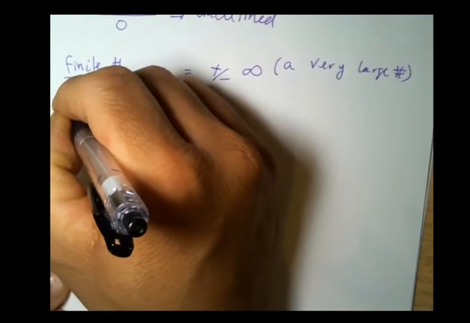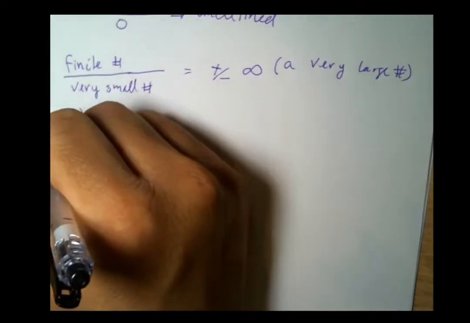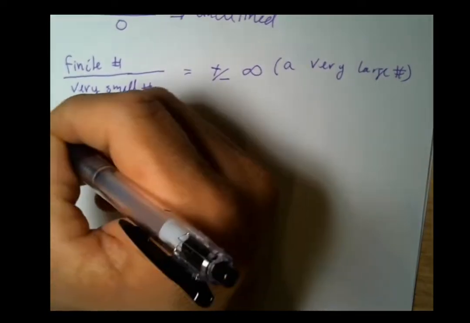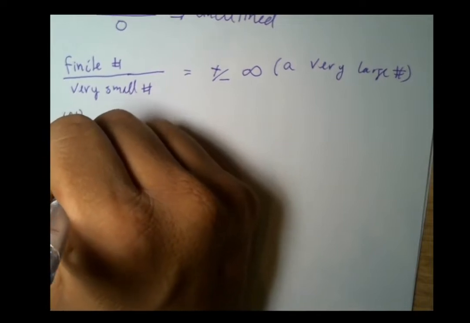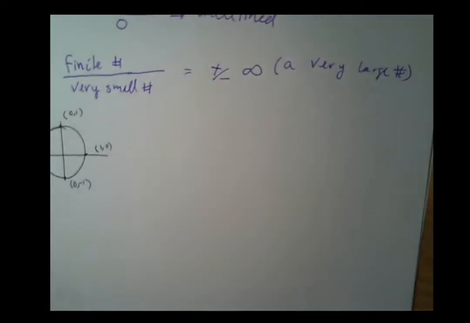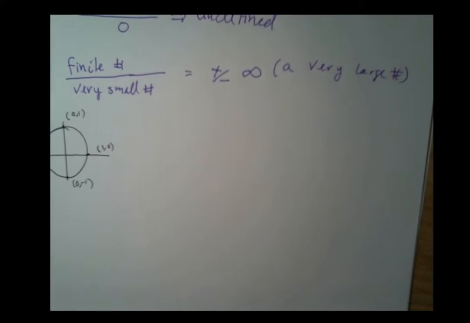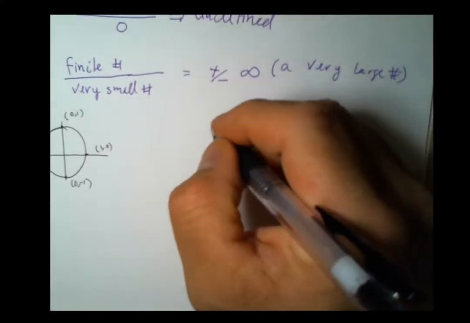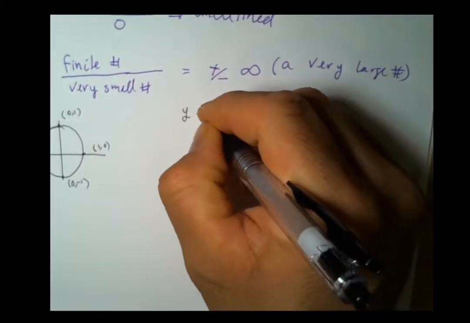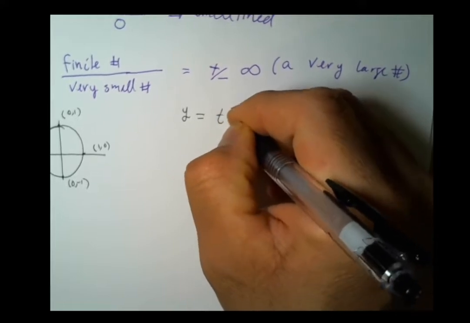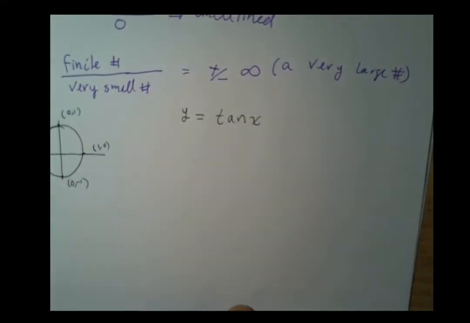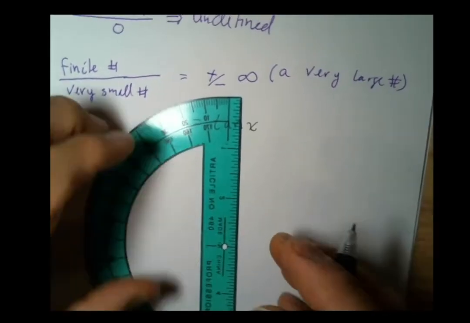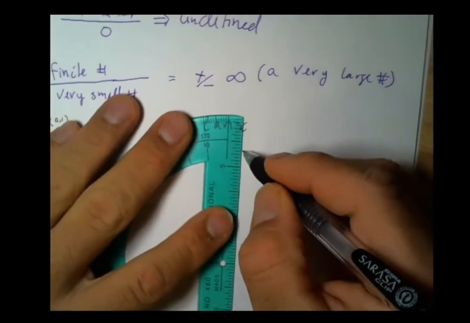The point here is 0, 1. And as I work my way around, we get negative 1, 0. And then here, 0, negative 1. Okay, so I want to use my unit circle here to graph the function y is equal to tangent of x in my coordinate plane. Right, so here, my coordinate plane.